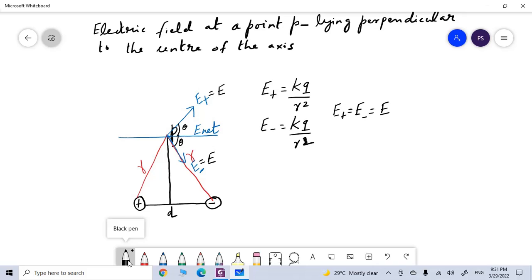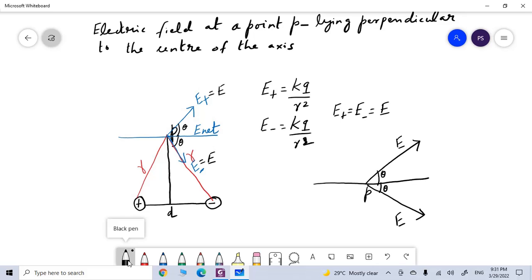So let's redraw the situation here for more clarity. This is the straight line, and you have this point P. This is one vector which is E. This is another vector which is also E. Now this is theta and this is theta.